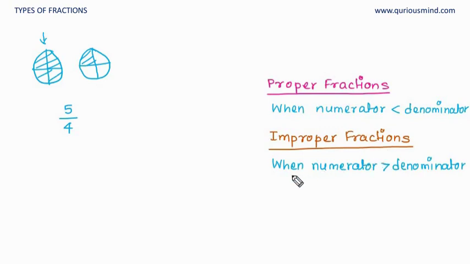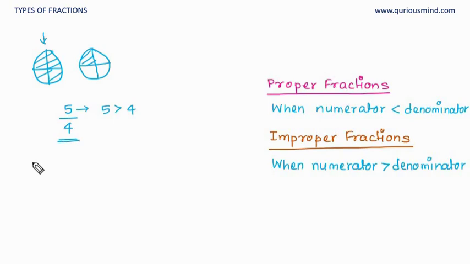Improper fractions are where the numerator is greater than the denominator. So if you look here, the numerator, which is 5, is greater than the denominator, which is 4. 5 is greater than 4, and hence this fraction is called an improper fraction.